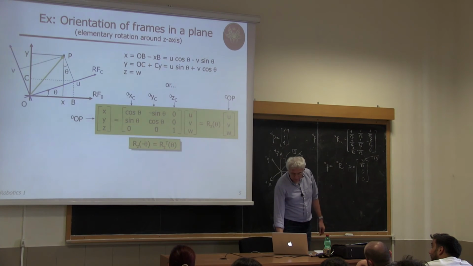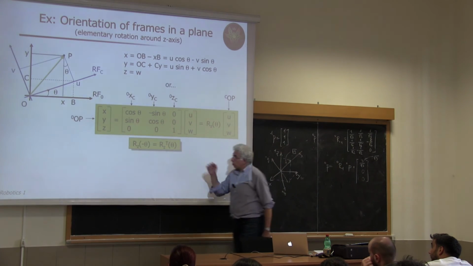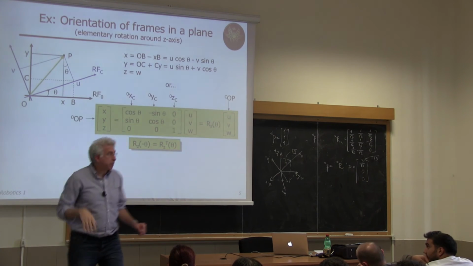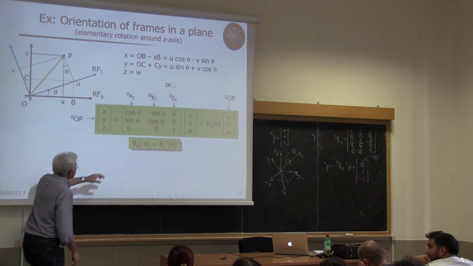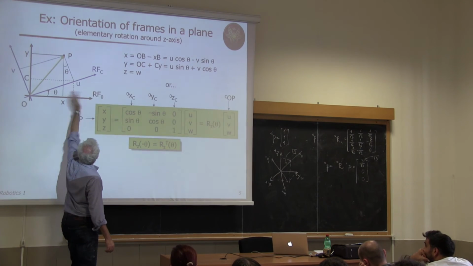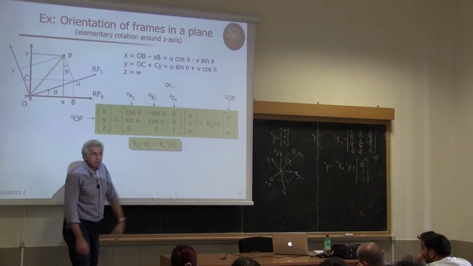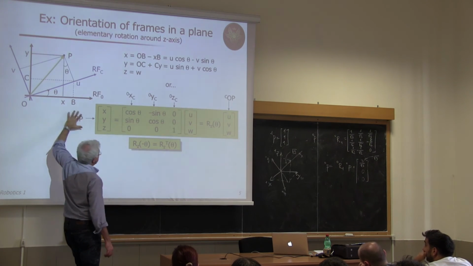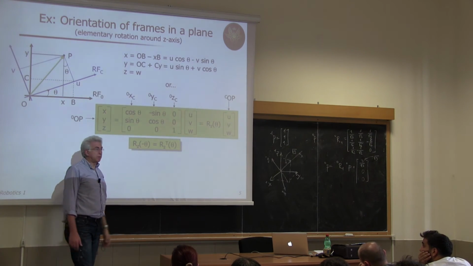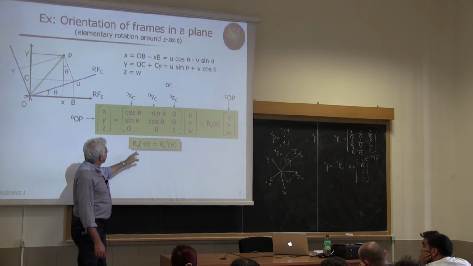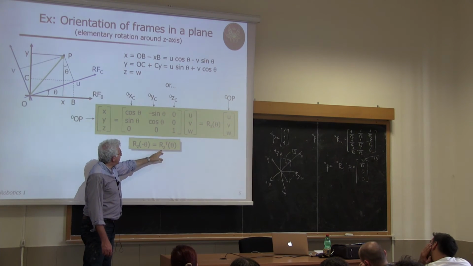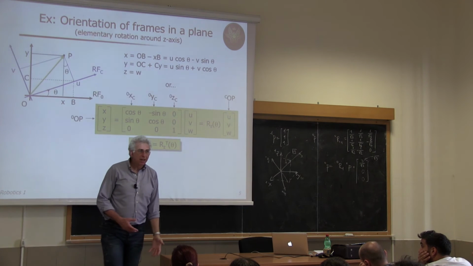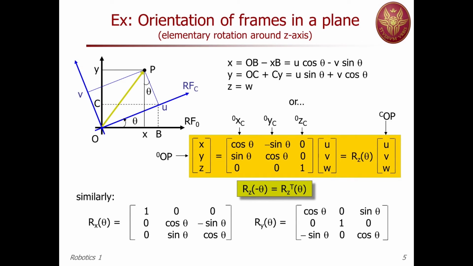And similarly, you can also note two things, very important, which hold in general. If you suppose that you're not changing by theta but by minus theta, so the frame RFC would be below probably, then you would obtain exactly the same matrix transposed, which is the inverse, which can be interpreted as follows.